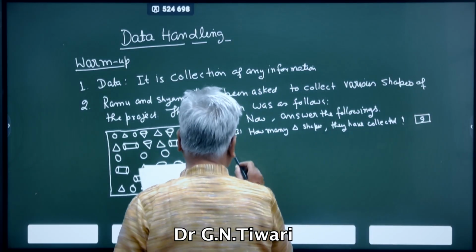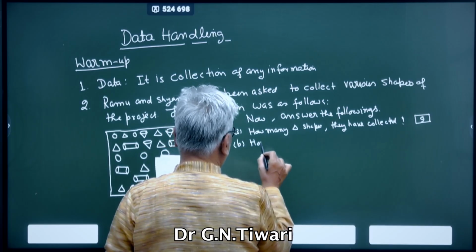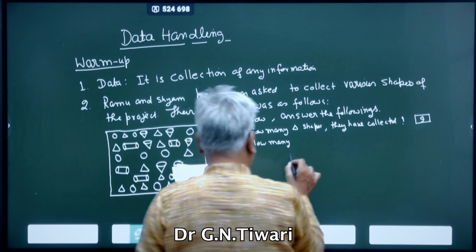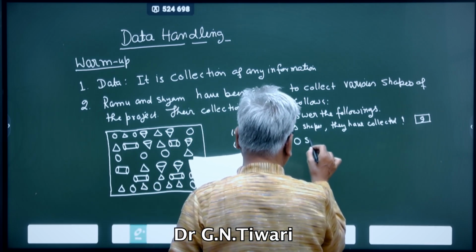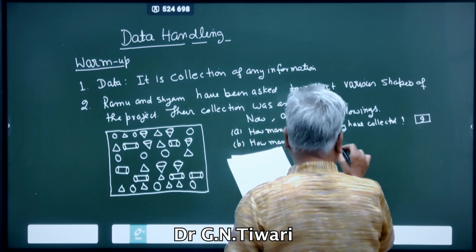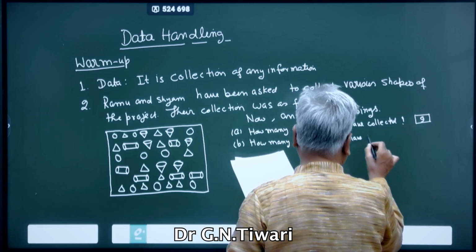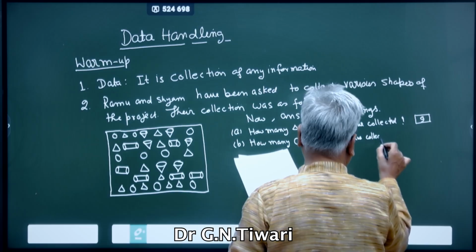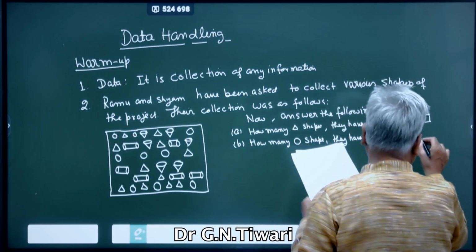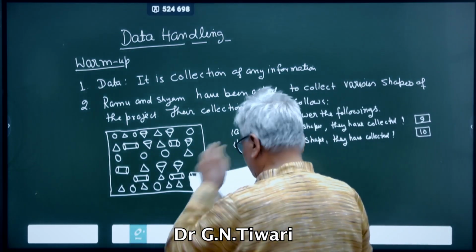Similarly, B, how many circle shapes have they collected? The answer will be 10. You count approximately to be 10.